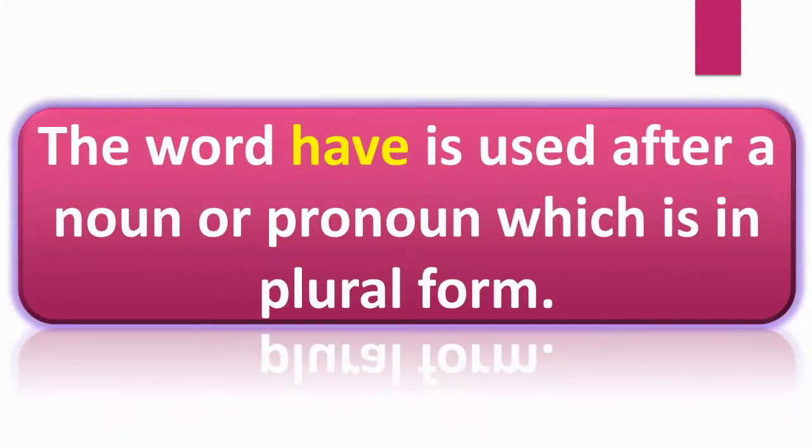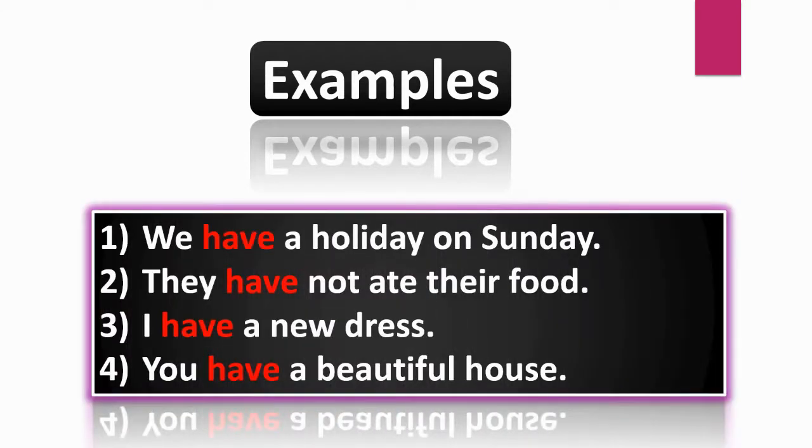So we come to the conclusion. The word have is used after a noun or pronoun which is in plural form. Okay. Examples. First one, we have a holiday on Sunday.